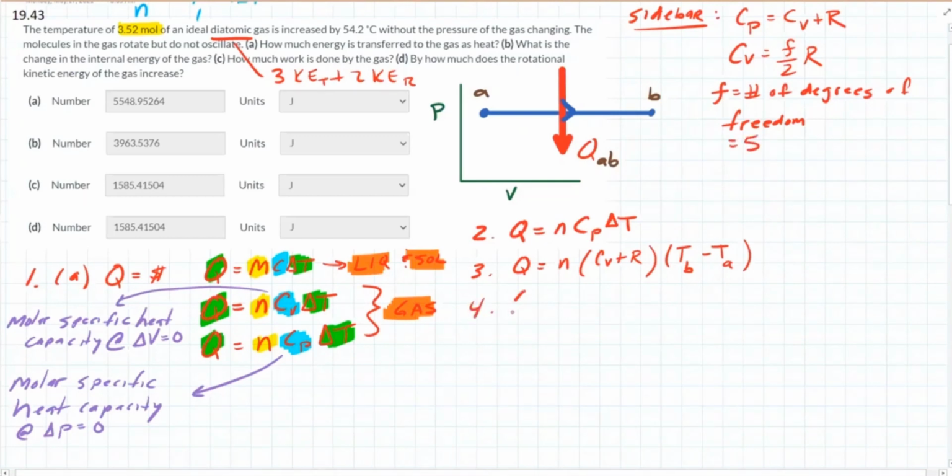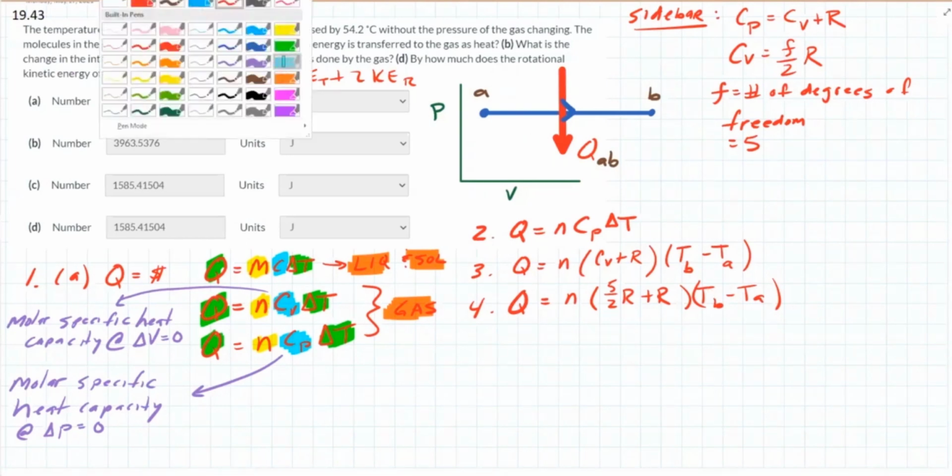Number 4, here's how much heat goes into the system. It equals N times CV, which is 5/2 R plus R times TB minus TA. All right. I guess that's good. And let me just make it clear because, again, all of this is new and overwhelming.